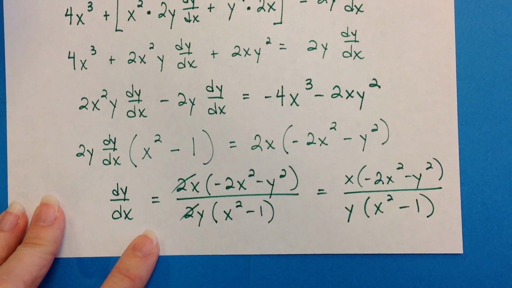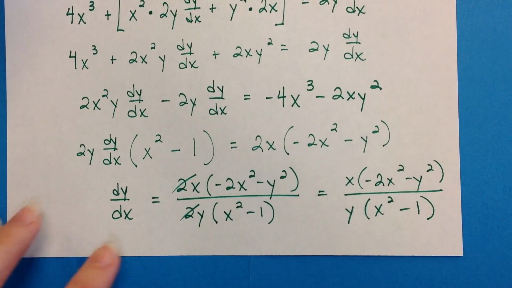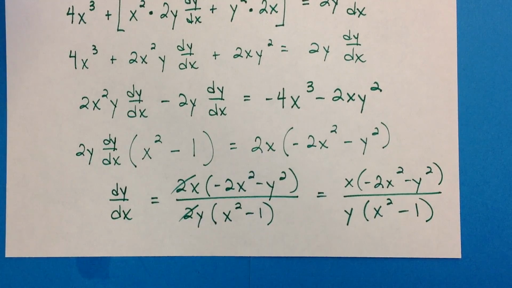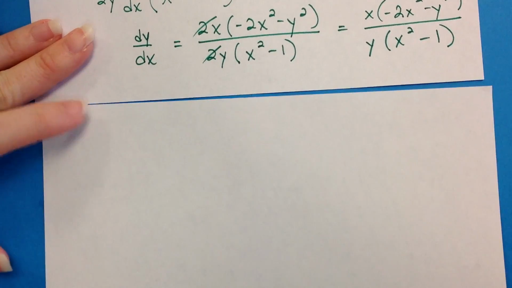Now, we've got to substitute in our point, because in order to find the equation of the tangent line, we also have to know the slope of the tangent line. Okay, so that's the next thing that I need to do is substitute in for here. Alright, so my x and my y were both √2/2.